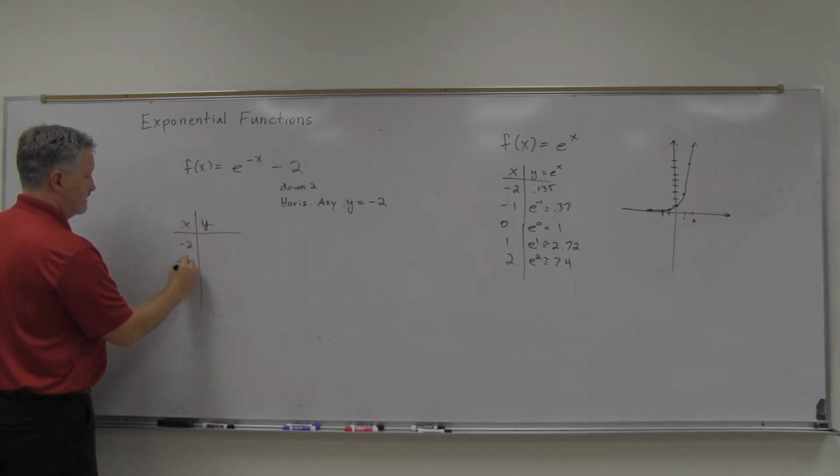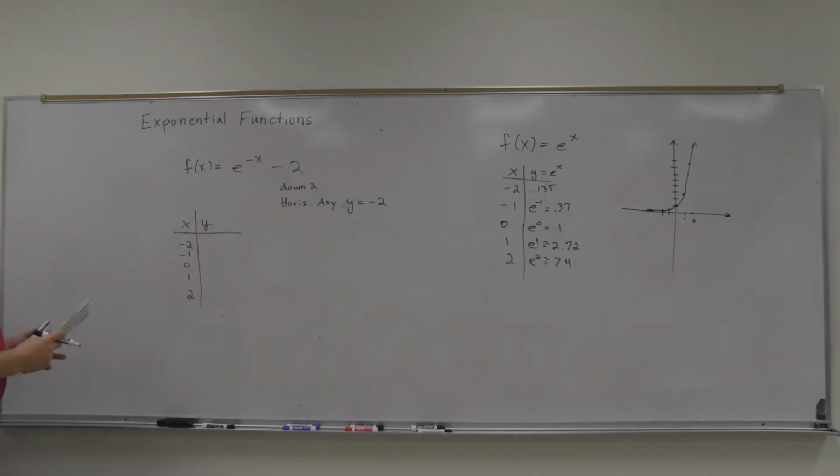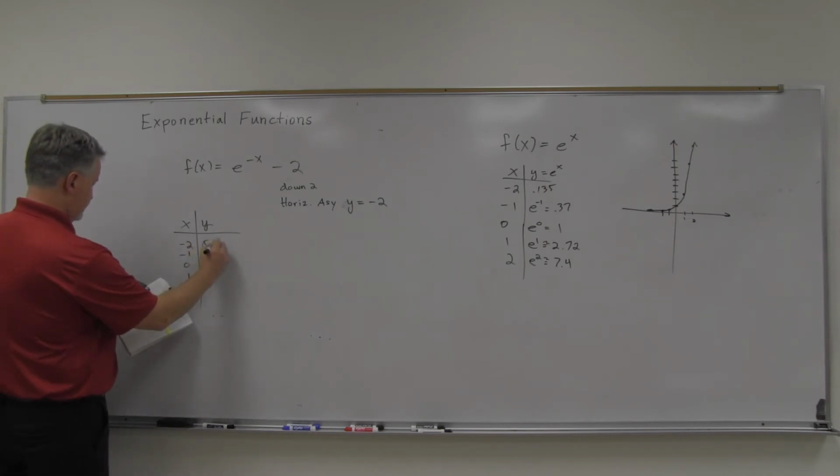So get those values plugged in. All right, what we got? So that would be e squared minus 2. What, 5.39.